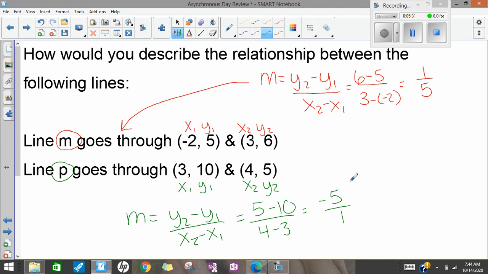So they're not parallel because they're not exactly the same. They are flipped fractions. I have 1 over 5 and 5 over 1. Those are flipped. The 1 over 5 is positive. The 5 over 1 is negative. So one's positive, one's negative. So these are perpendicular lines.